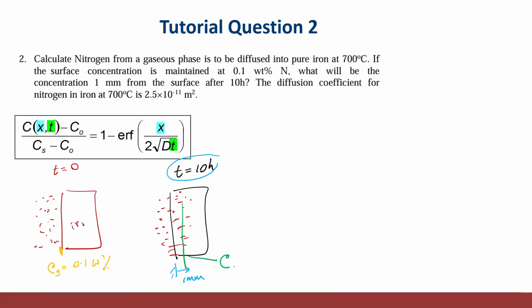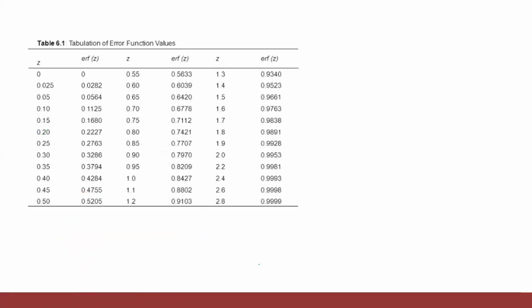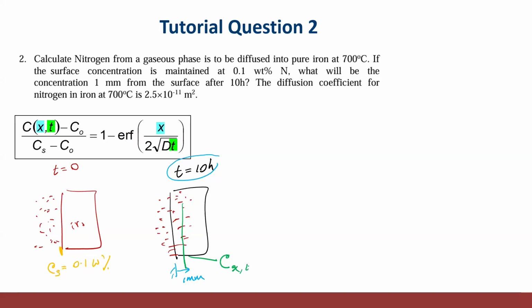So at a distance X of 1 millimeter, at a time of 10 hours, this is what we need to find. Do you understand the question? W stands for weight%, yes, the percentage by weight.